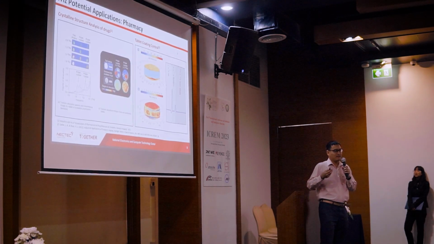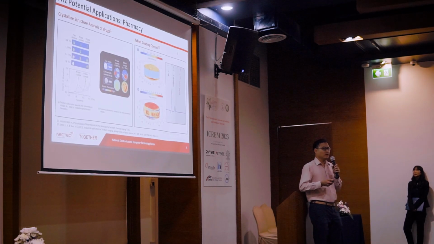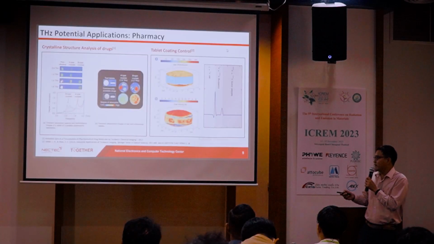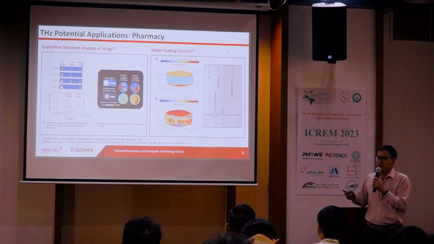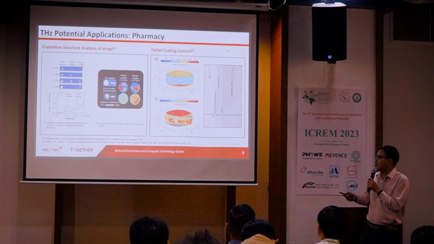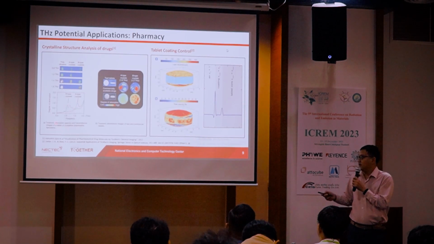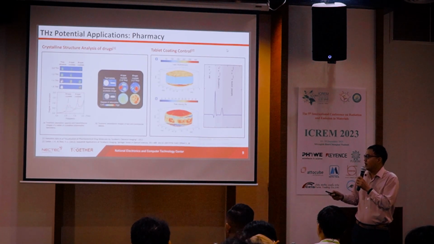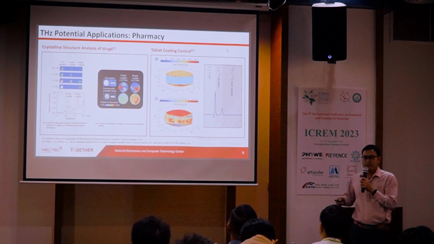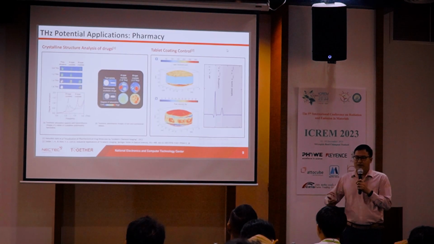But even though they have the same molecular formula, they have different structures. Terahertz can identify both molecules that are isomers of each other. Depending on the type of structure, it gives you different signals, so you can use these differences to figure out which one is the true authentic drug that is more effective than the fake drugs.